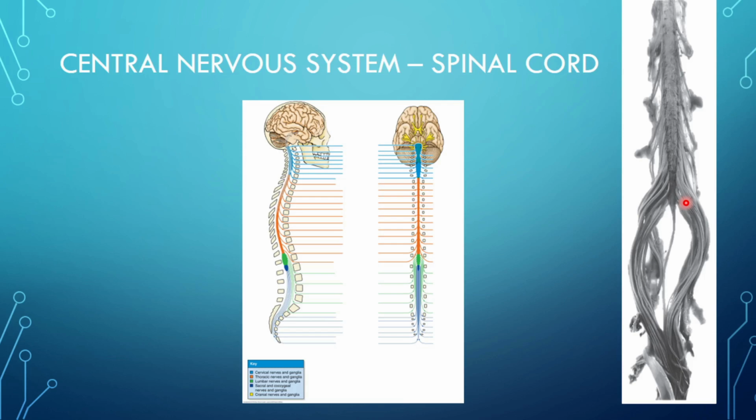So at one point the spinal cord fit the entire vertebral column, but then as you grew, your vertebral column got longer, but your spinal cord doesn't get any longer, which is why there is this discrepancy between the length of the spinal cord and the length of your vertebral column.